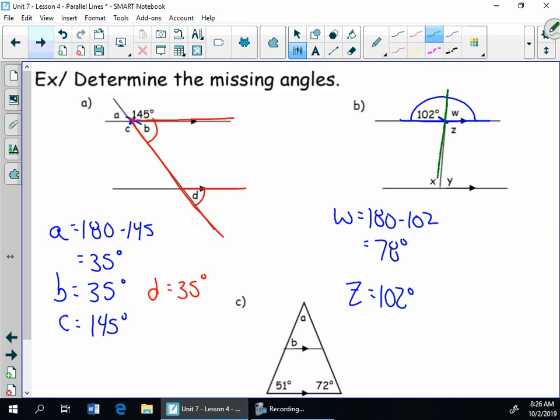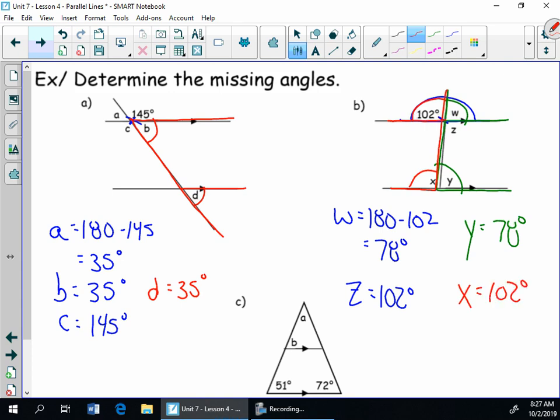Well, I draw a line that goes this way and makes an upside down F. Y is the same as W. Well, W said it was 78, so Y must be 78. Similarly, it's an F that goes the other direction. That's 102, so is X.